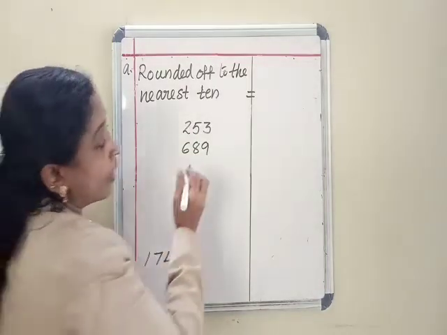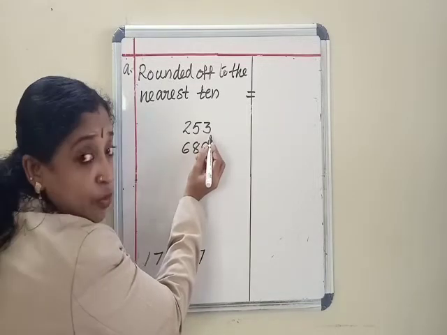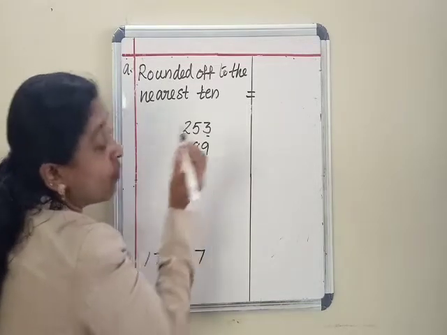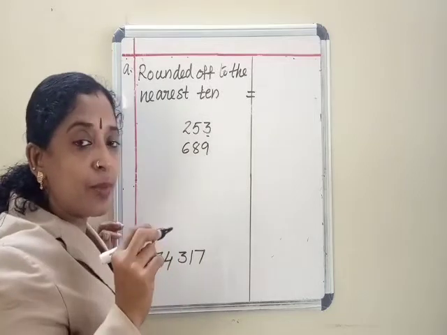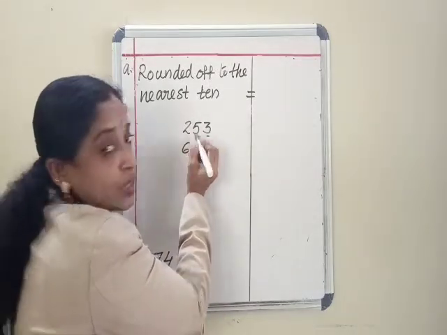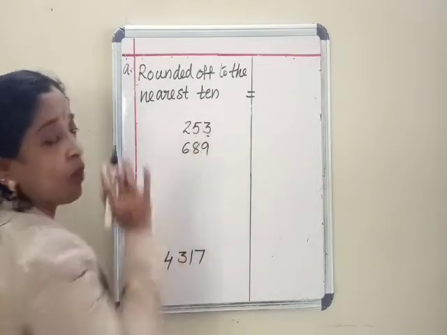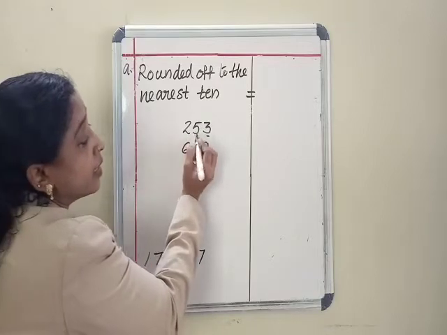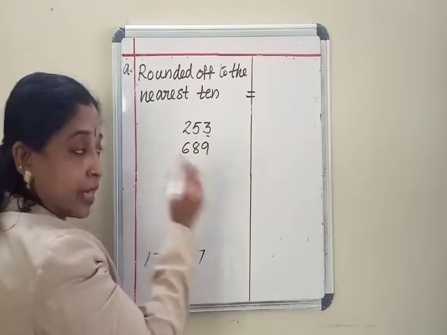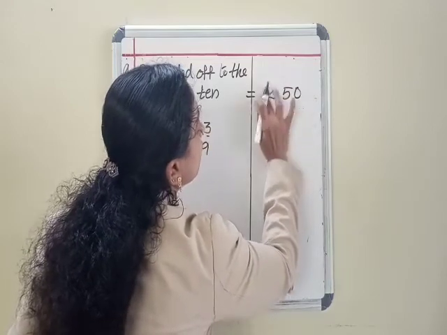Then how can we write 253? 250. Rounded off to the nearest 10 means we have to check the ones place number. If the ones place number is 5 or more than 5, we can add one more 10 to this number. Here it is less than 5, so the same tens. Then 250.